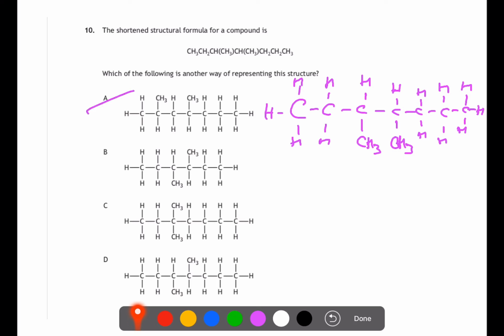In this structure here, we have 6 carbons, whereas here we have 7. In this structure, we have both branches on the third carbon. Our branches are on the third and the fourth. And here we have a branch on the third and the fourth carbon. So you can spin the molecule around this bond here, which means that you would get the same arrangement that I've drawn here.